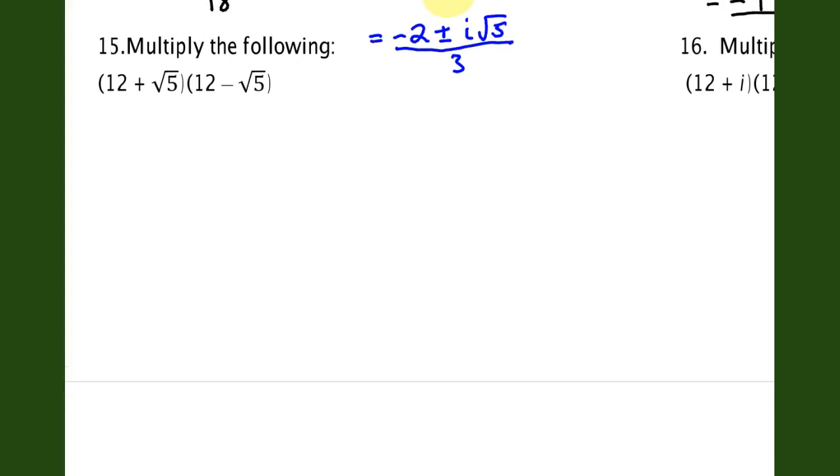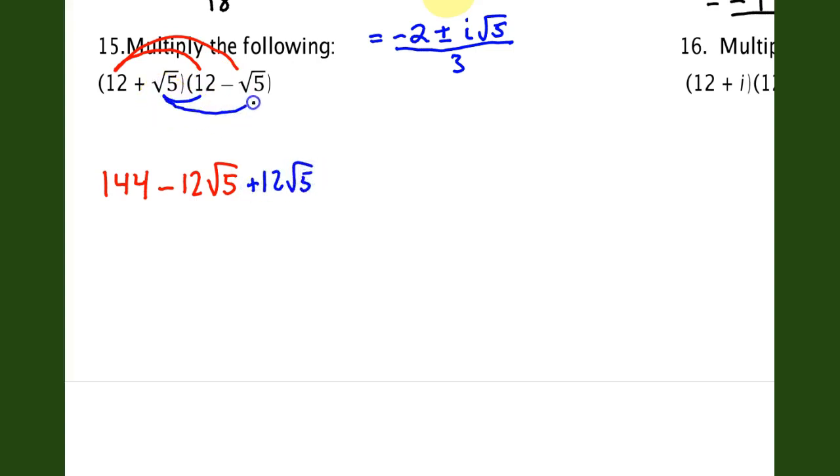Do a little bit of multiplying binomials here. So 12 times 12, and 12 times negative root 5. So 12 times 12 is 144. 12 times negative root 5 is just minus 12 root 5. And then same thing here, we'll have root 5 times 12, so we're just going to add back the 12 root 5.